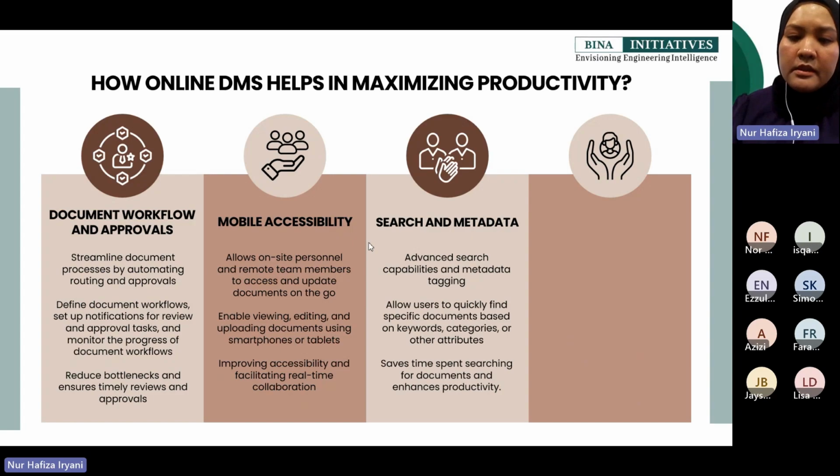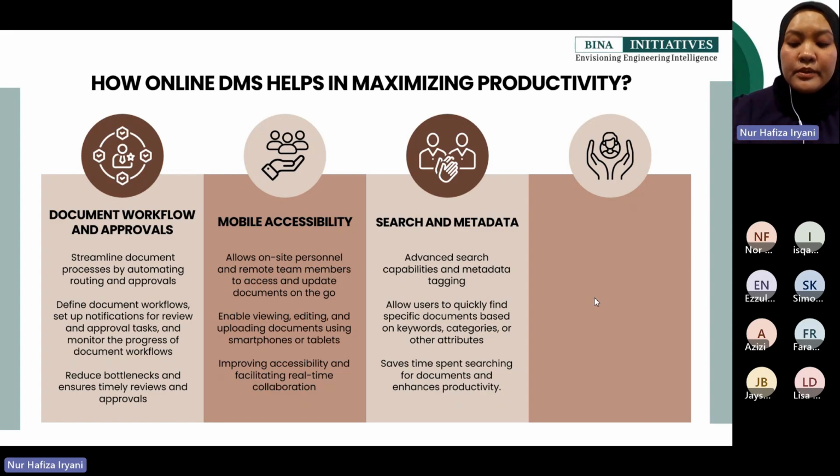Okay, so search and metadata. Imagine if you use the cabinets, you cannot say, okay, I want to search project A in architecture in version 2. No, you need to search one by one. If you have tags on your files, it will give you an advantage, but if you don't have, you need to open them one by one to search.